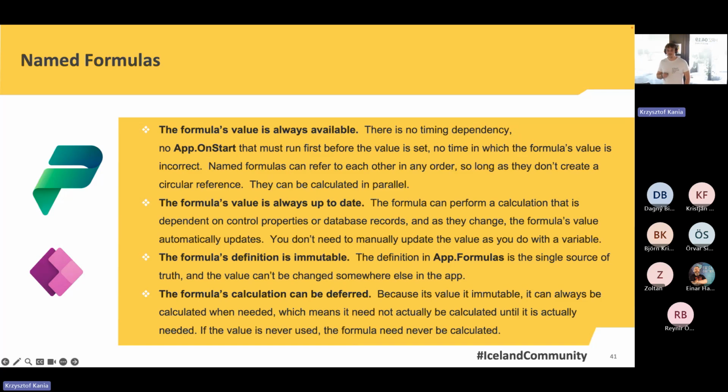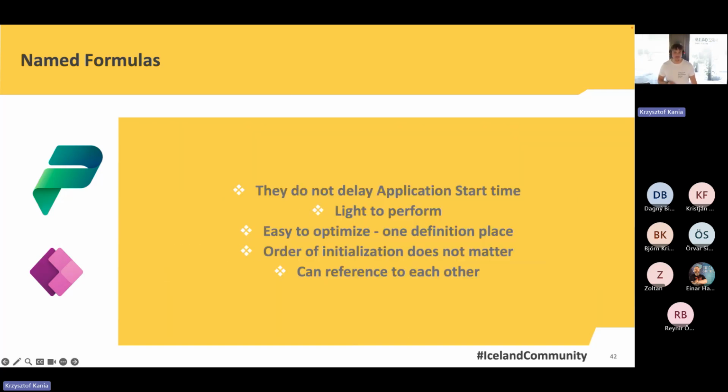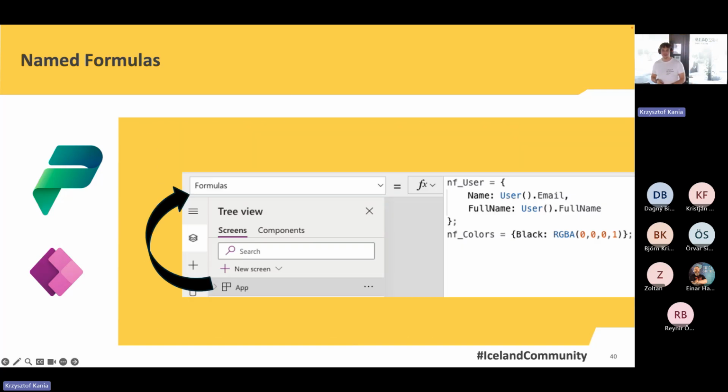And a great thing is that they can be cross-referenced. So for example, here at the user.name, we can utilize that, or maybe colors would be better. So we defined an object called colors with item black, and its definition is set to its color to be black.